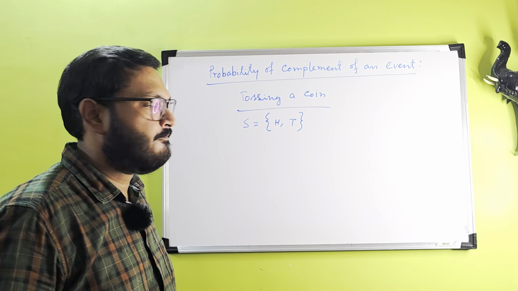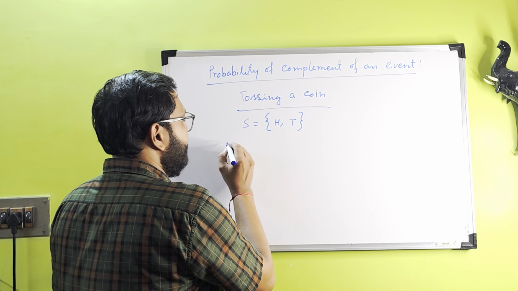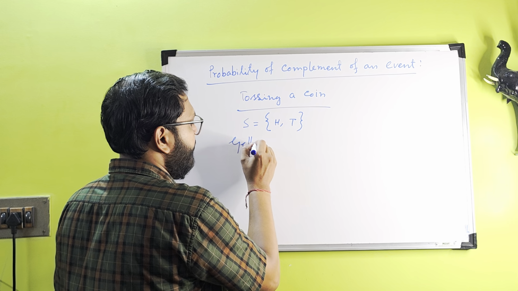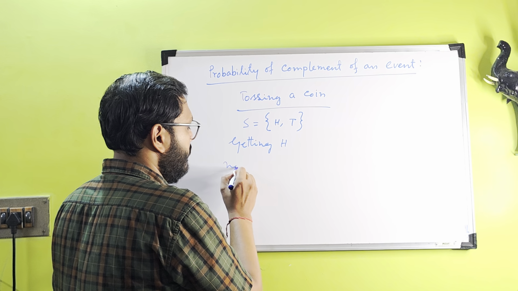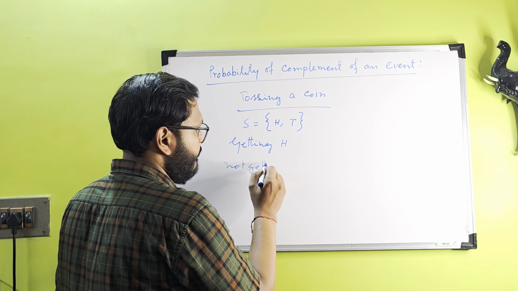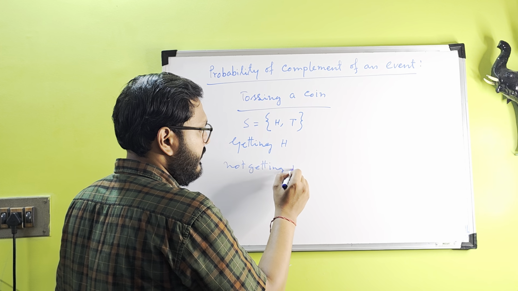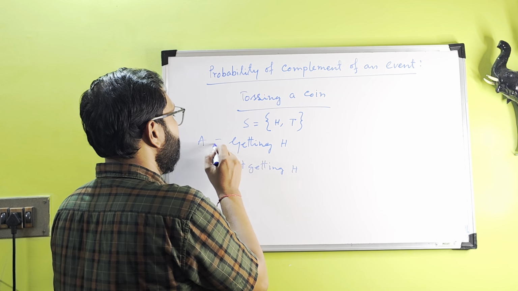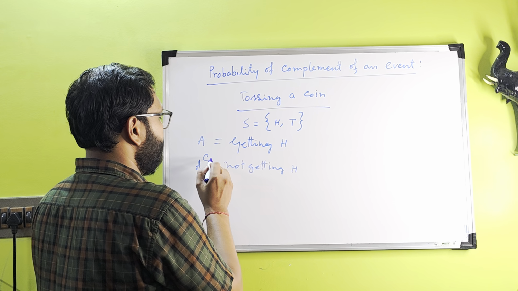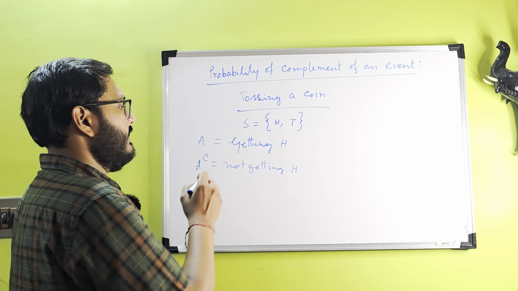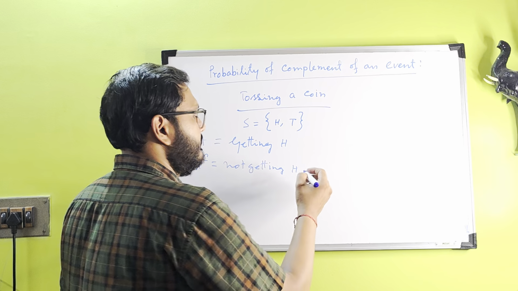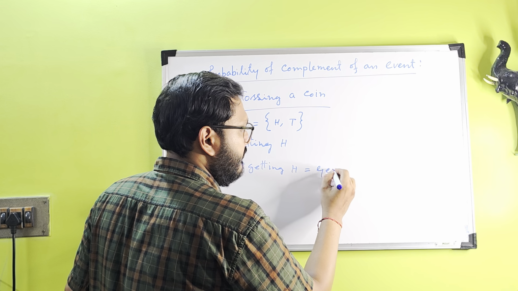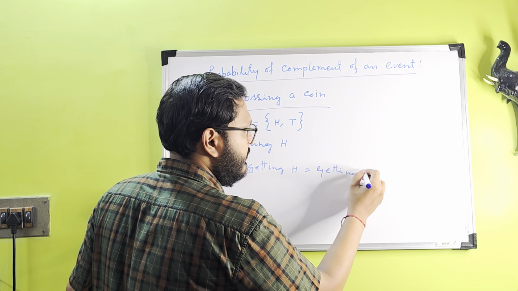I taught you that for getting head, its complement event is not getting head. If A equals this one, then A complement is this one. Getting head, its complement event is not getting head, meaning getting tail.